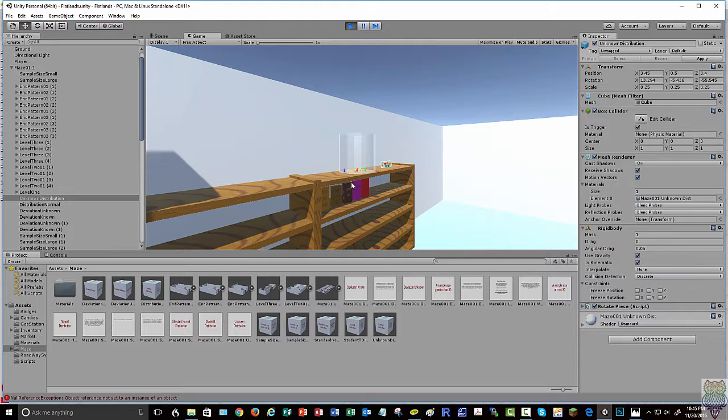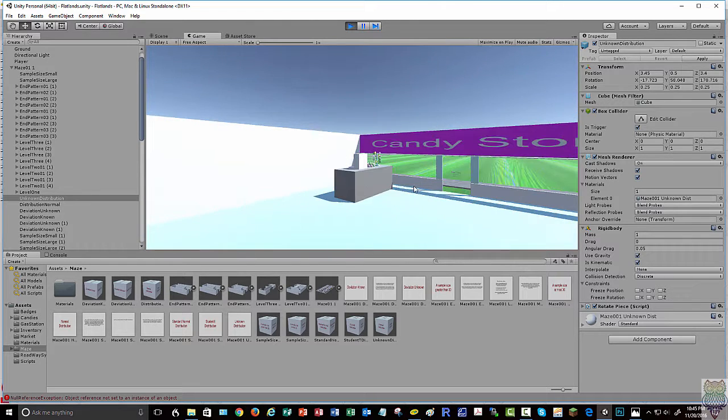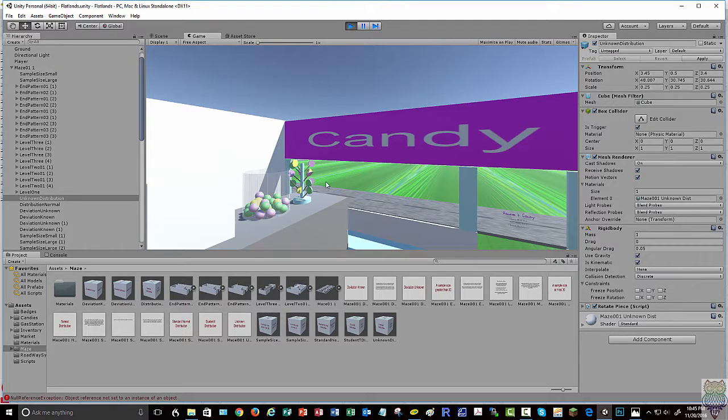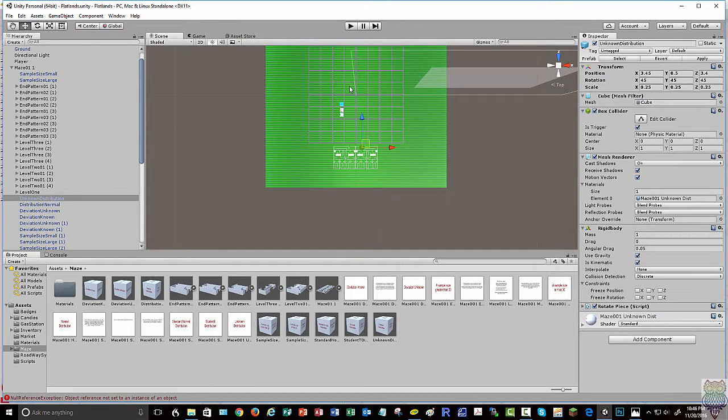Let's go pick up a lollipop. Basically, it's just supposed to get larger when you go over it. Alright, let's try this again. What happened is when the candies were cloned, it slows the process down.